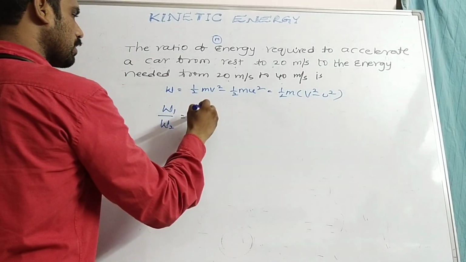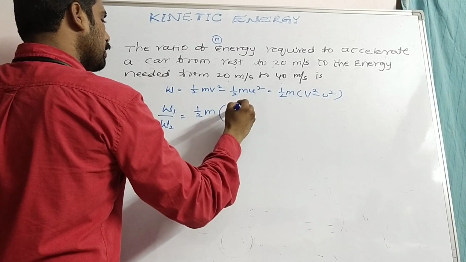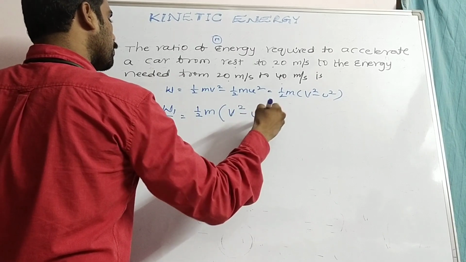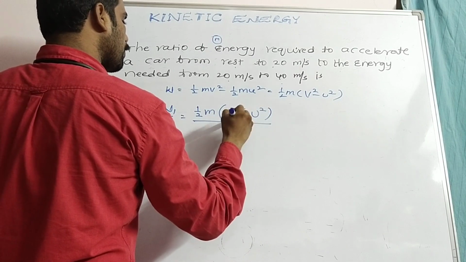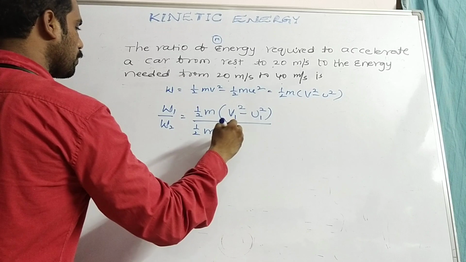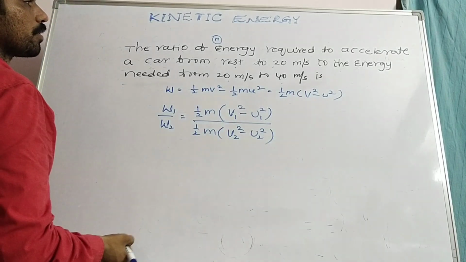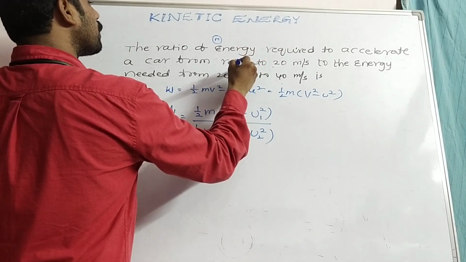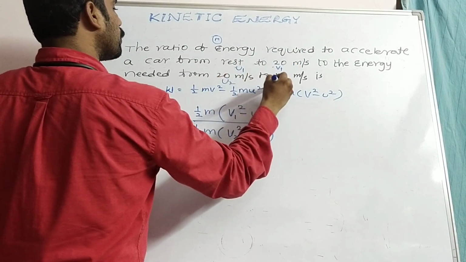So in the first case, half into m into v square minus u square, for first case v1 u1, and half into m into, for second case, v2 square minus u2 square. See here, this is u1, this is v1, this is u2, this is v2.